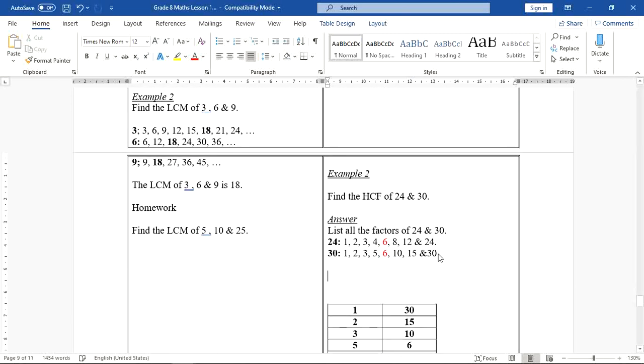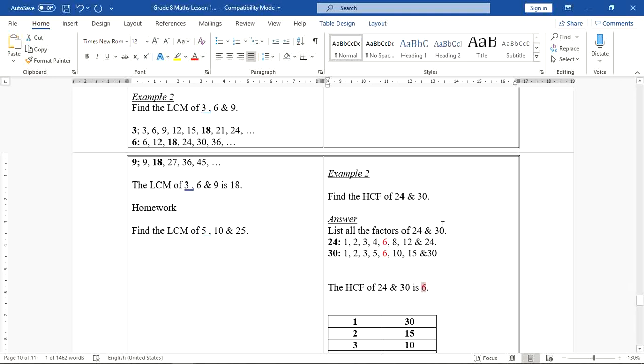We paste it here and then we change the numbers. This is 24 and this is 30. The answer will be 6. Yes, so the highest common factor of 24 and 30 is 6.